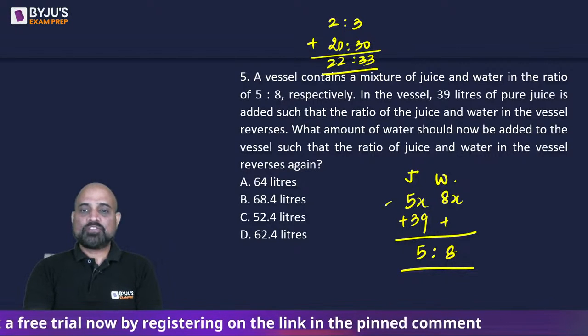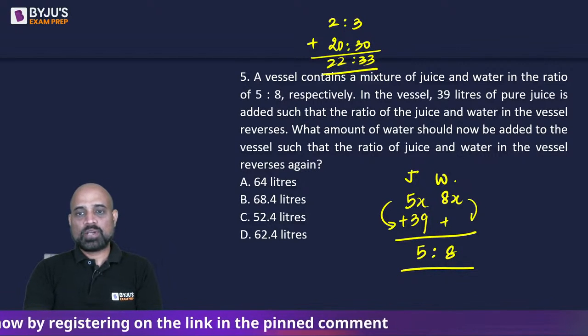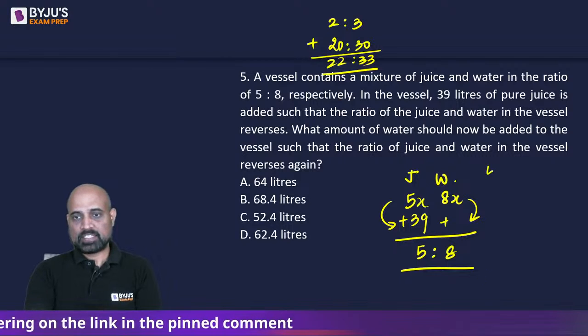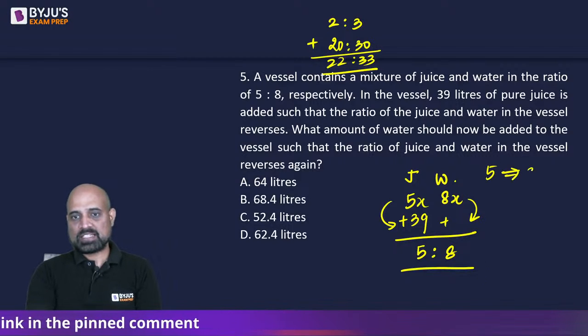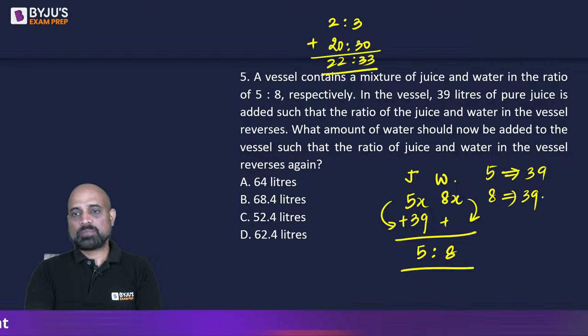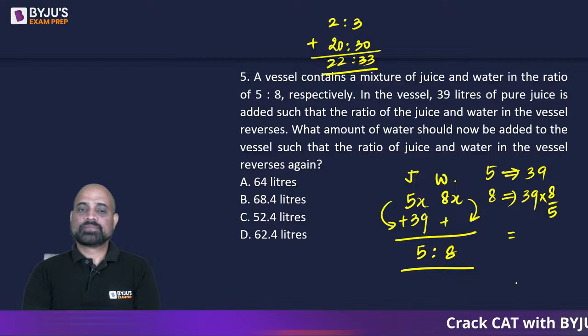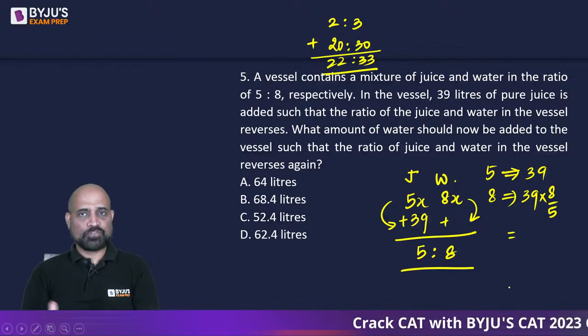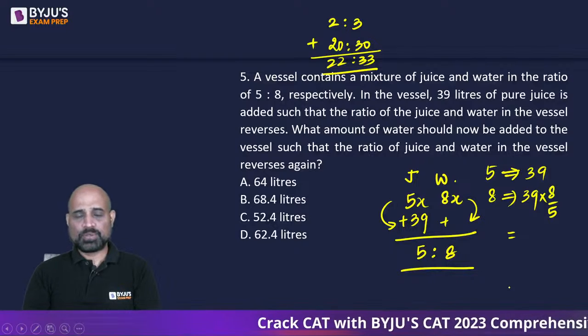So can we say if 5 resembles 39, तो 8 कितना resemble होगा? In other words, if 5 implies 39, how much will 8 imply? Can we say 8 will imply 39 into 8 upon 5? Right? Now 39 into 8, 40 into 8 is 320.